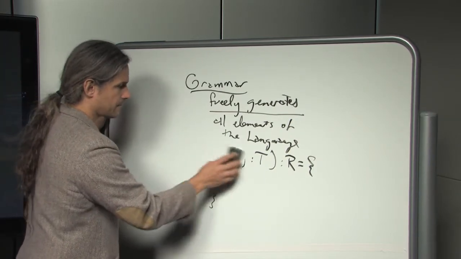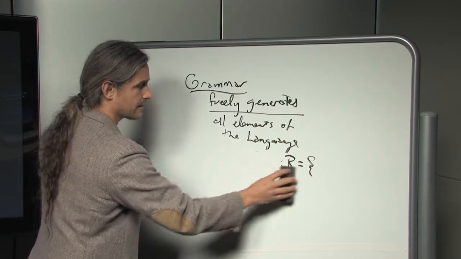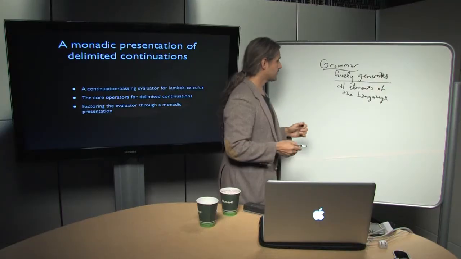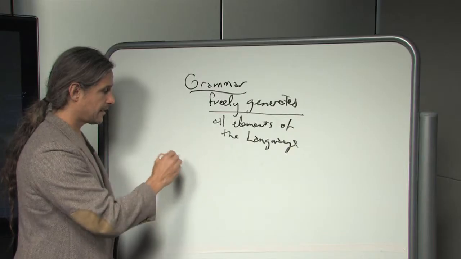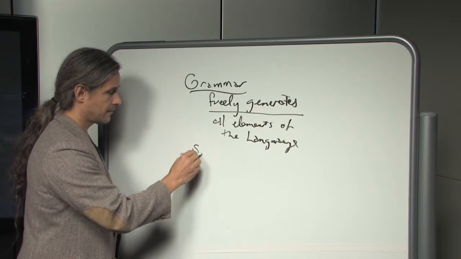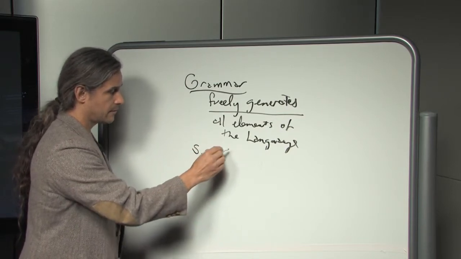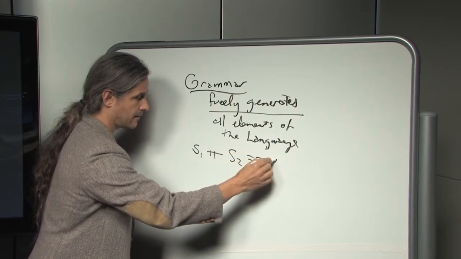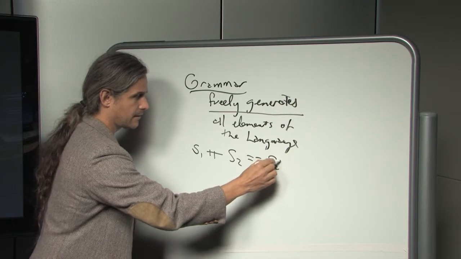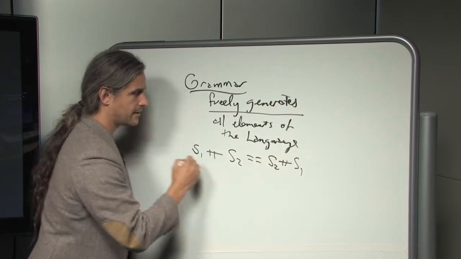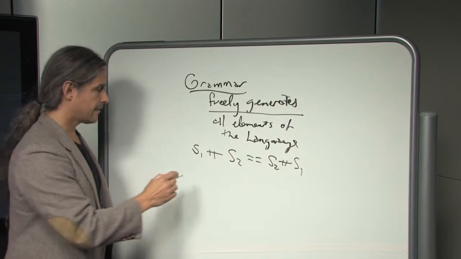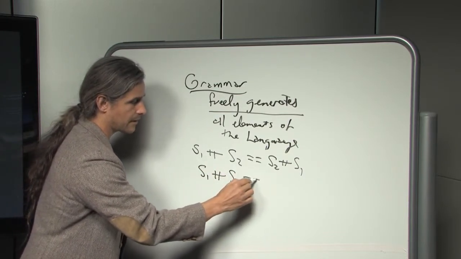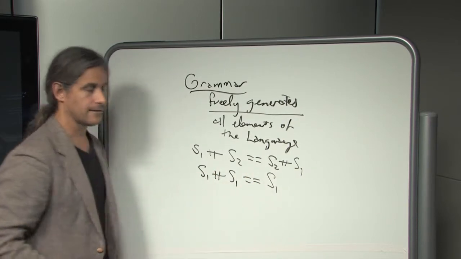So we can factor. Now, by the way, what's that like? That's exactly like the situation where we noticed that a set union with a set is the same as a set union with the set in the opposite order, and that a set union with itself is the same as the set.